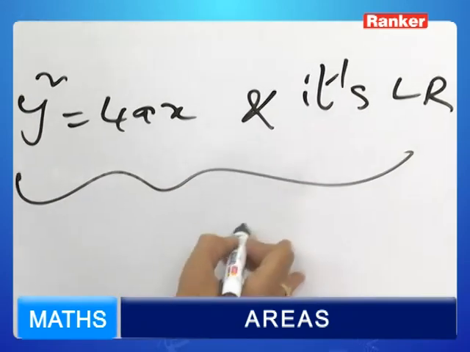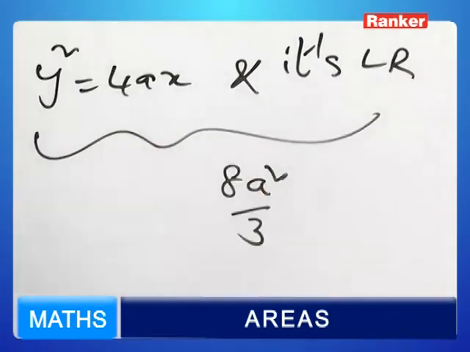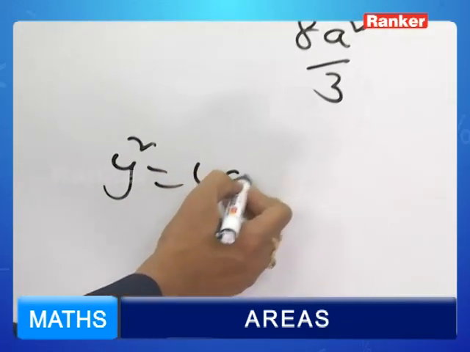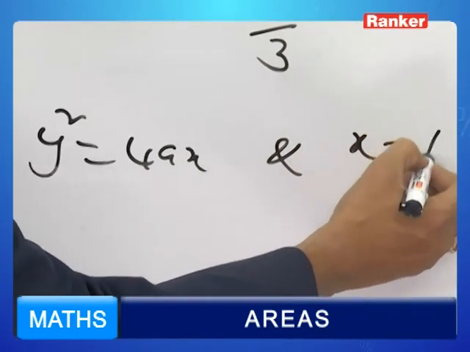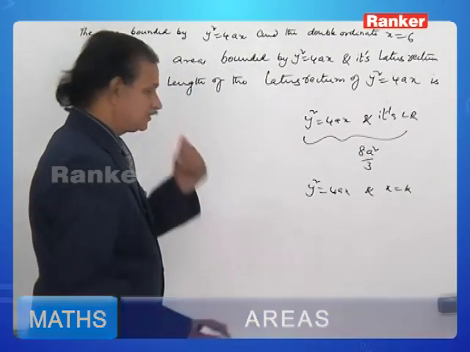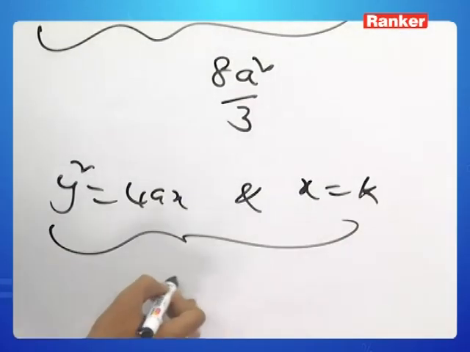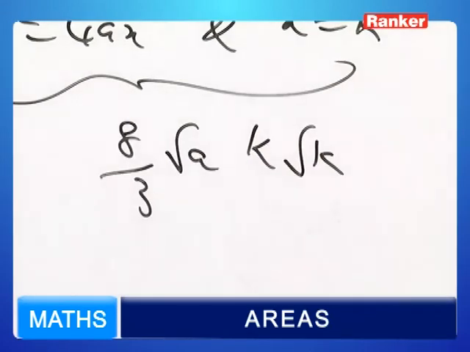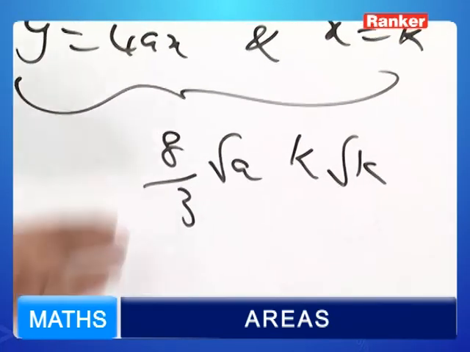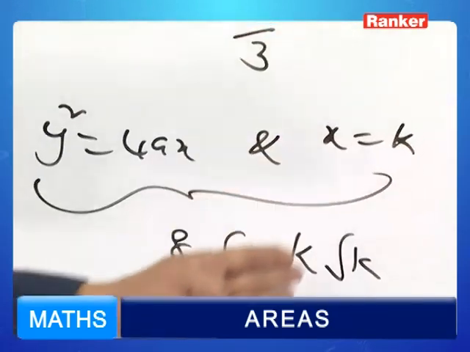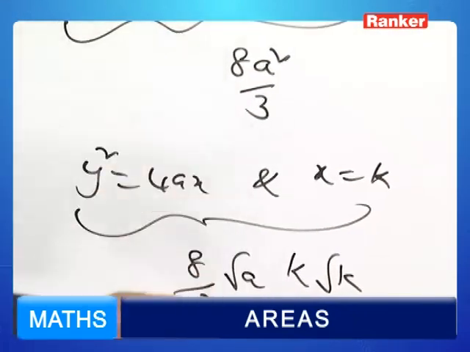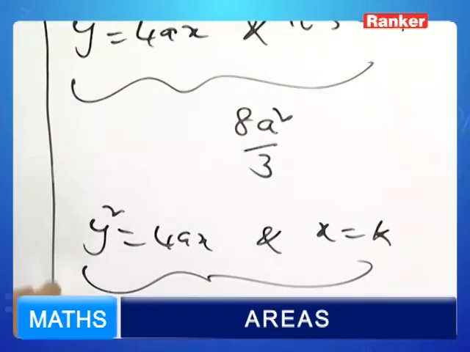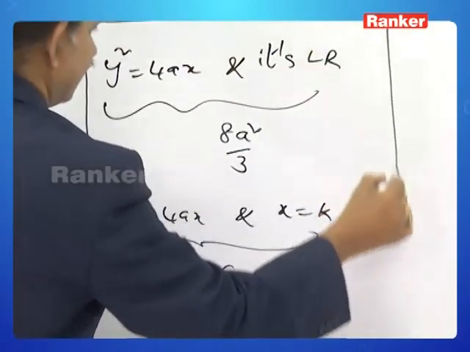What is the area? 8a square by 3. Another, y square is equal to 4ax and the double ordinate x is equal to k. What is the area? 8 by 3 into root a into k root k, isn't it? If you replace k by a, root a into a root a is 8a square by 3, the same old answer. These two are very, very famous and useful results.